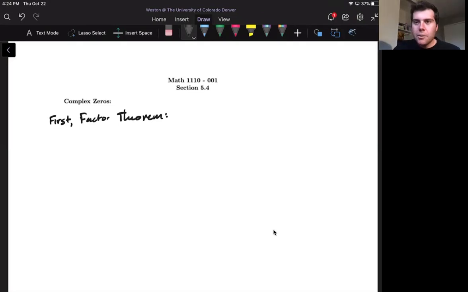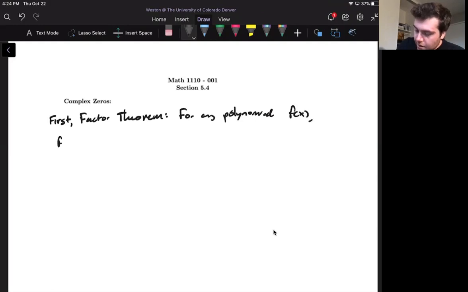And it turns out that for any polynomial, let's say f of x, is a product of linear terms and quadratic terms.